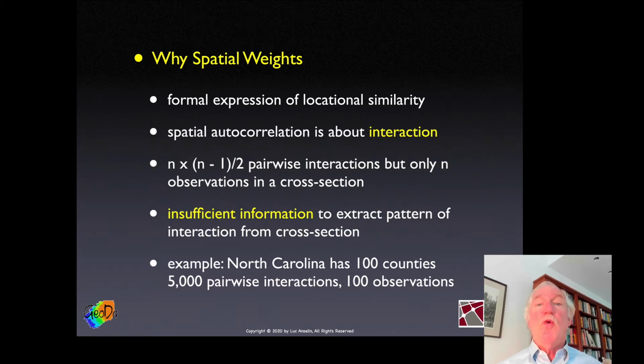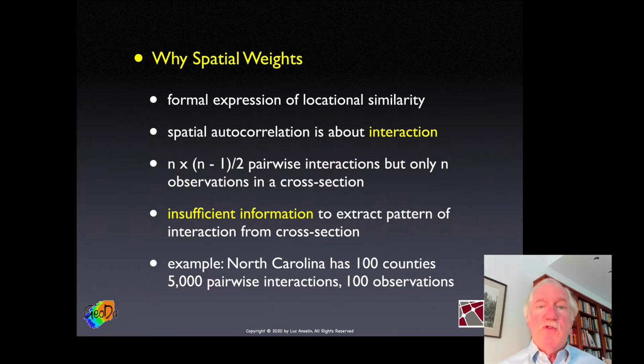So there is no way, no matter what fancy statistics you use, there is no way you can measure that many pairs of interactions with a single cross-section. That is the fundamental problem of cross-sectional analysis. If you have flow data, it goes away. If you have time and space, it goes away to some extent, not totally.